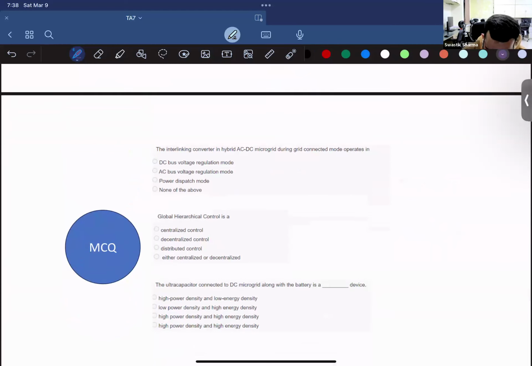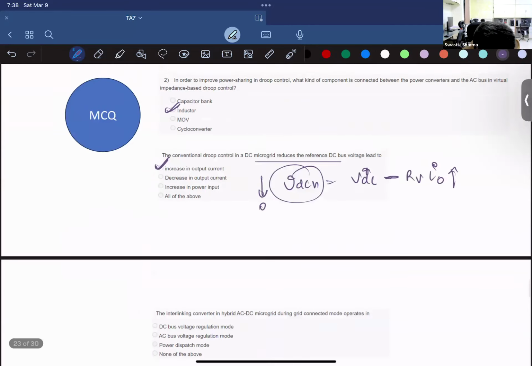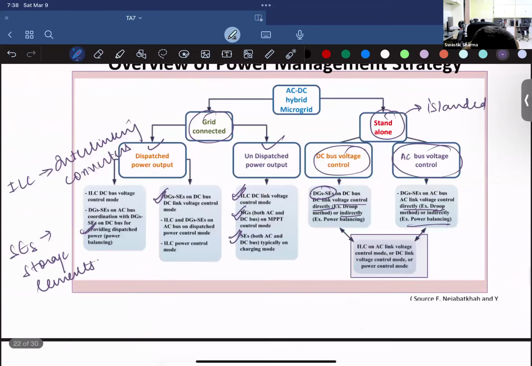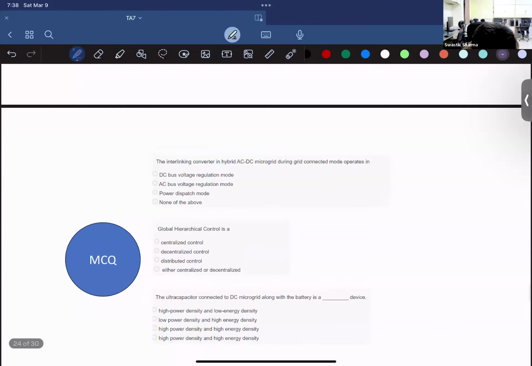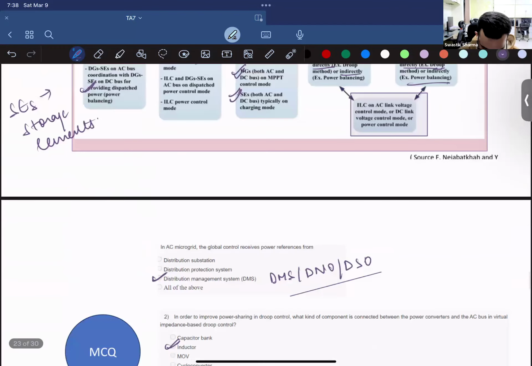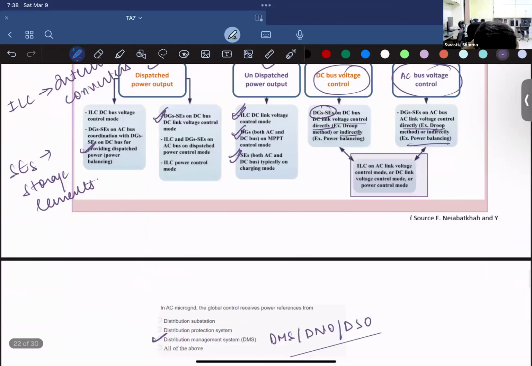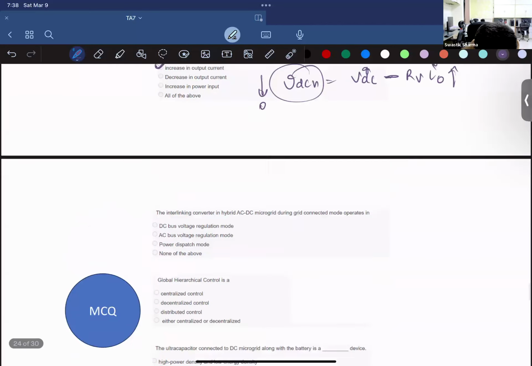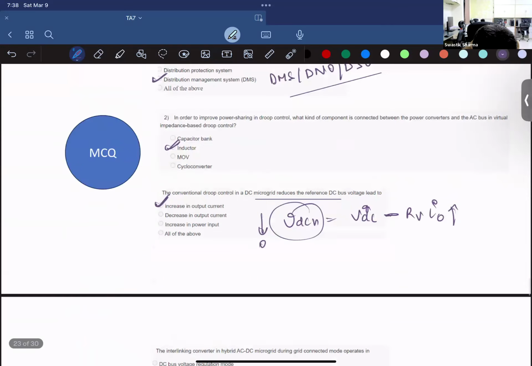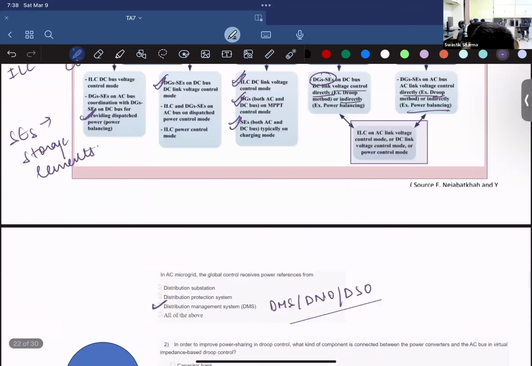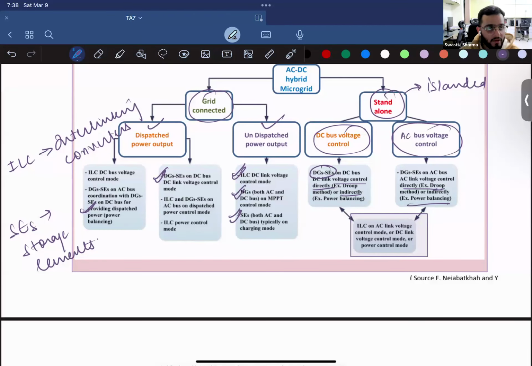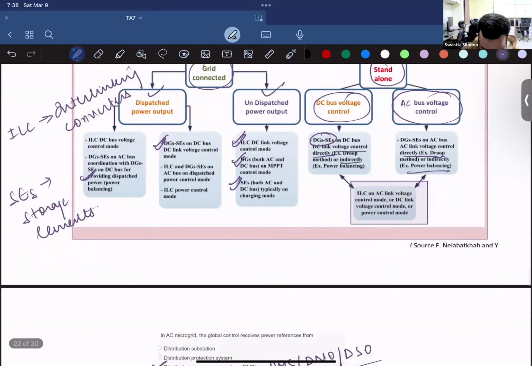Fourth question, the interlinking converter in hybrid AC-DC microgrid during grid connected mode operates in what? So in grid connected mode of operation, the ILC works on either bus voltage regulation or power control mode, but only for the DC side of it, right?